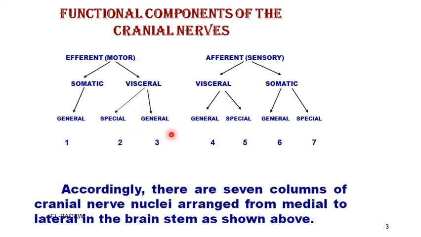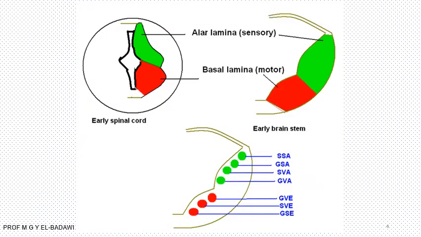In total, there are 7 columns of cranial nerve nuclei, and they are usually arranged from medial to lateral in the brainstem, as shown from number 1 to number 7. That's how, developmentally, the 7 columns are arranged in the brainstem, as we can see now.